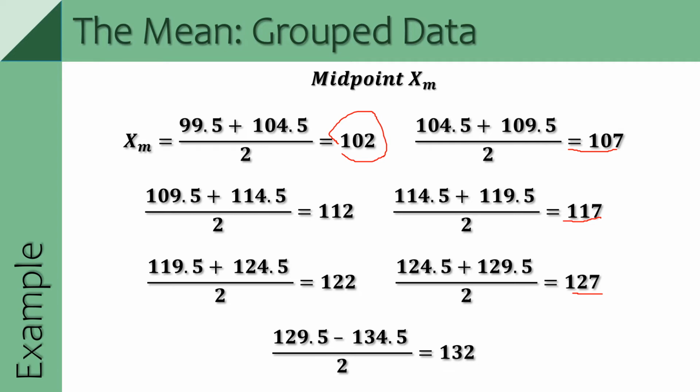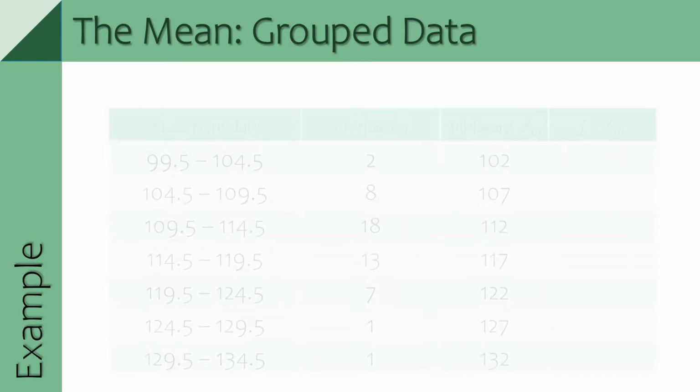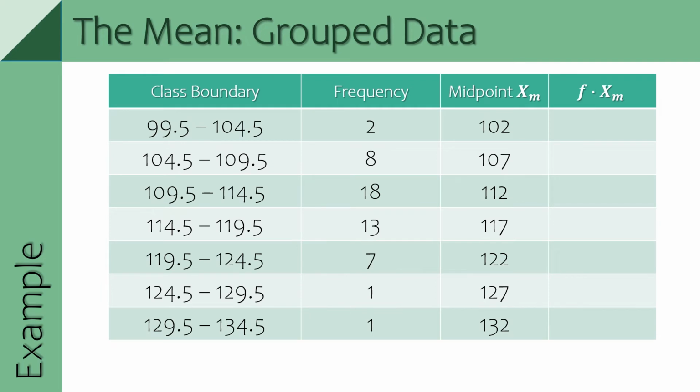And the last one is 129.5 plus 134.5 all over 2 is 132. Let's put all those in our table. So this is all of it. And then, let's find the f multiplied by midpoint.